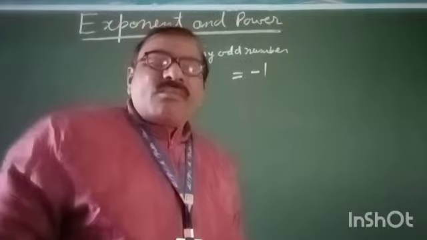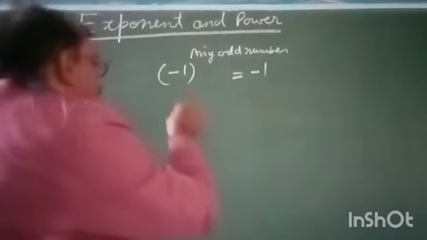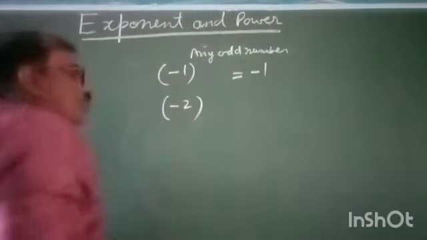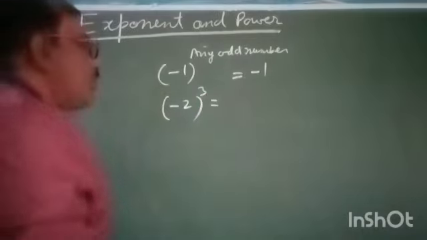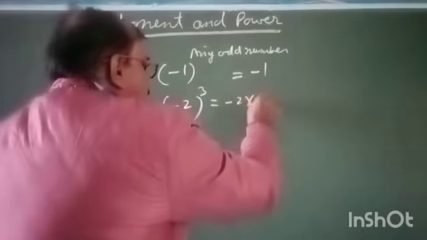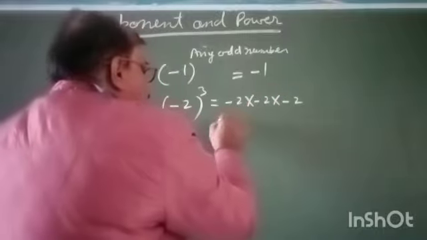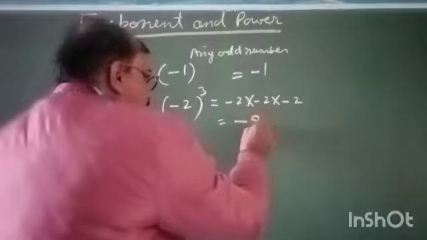For example, if -2 to the power 3, then it will be equal to -2 multiply -2 multiply -2, and it will be equal to -8.